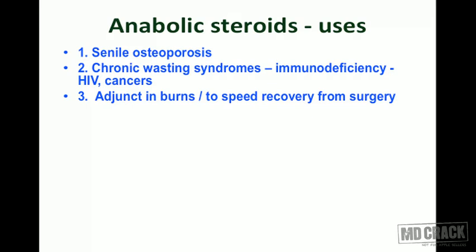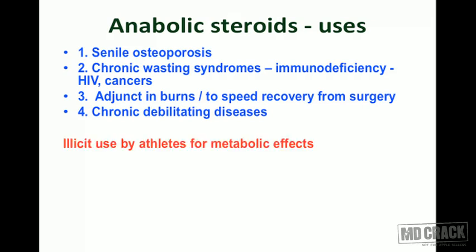Of course, this is not for routine use. In exceptional cases, when you feel something is needed for the recovery, anabolic steroids can be used. Just like that, in chronic debilitating illnesses, you can give anabolic steroids for their anabolic effects.